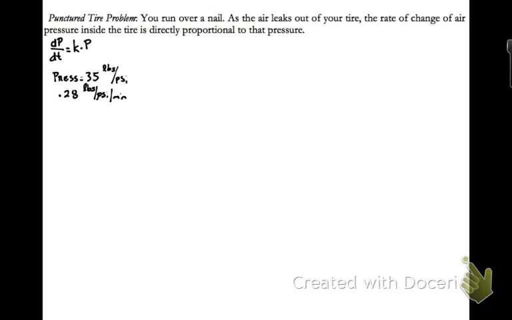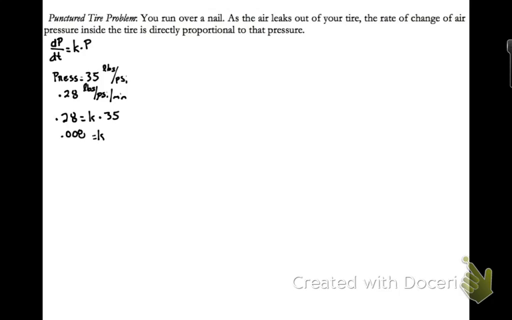Well, what we know is that when dP/dt is 0.28, then K, whatever the constant is, times 35. And this means that if we divide both sides by 35, we can solve for K. In this case, K equals 0.008.